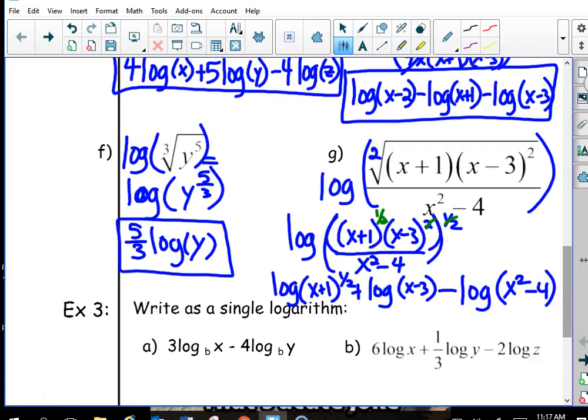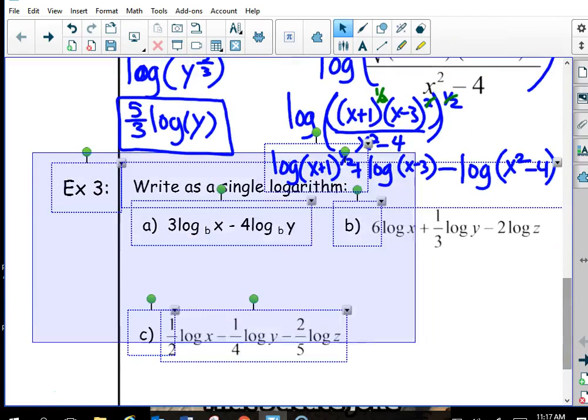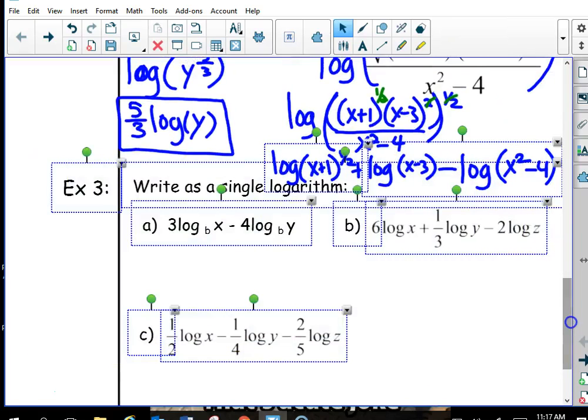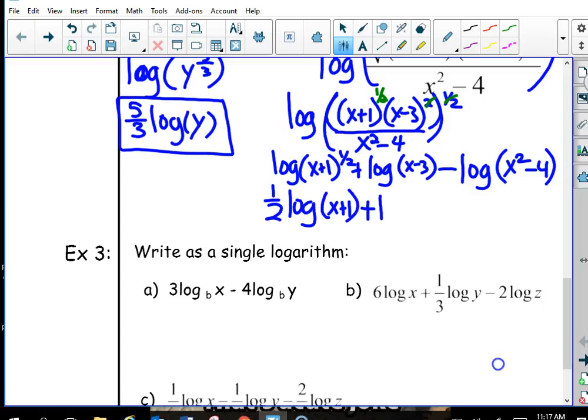Now, I can't turn the exponent on that x squared into a multiplier because I can't detach it from the minus 4. And we'll finish it up. So we get 1/2 log of x plus 1 plus log of x minus 3 minus log of x squared minus 4.